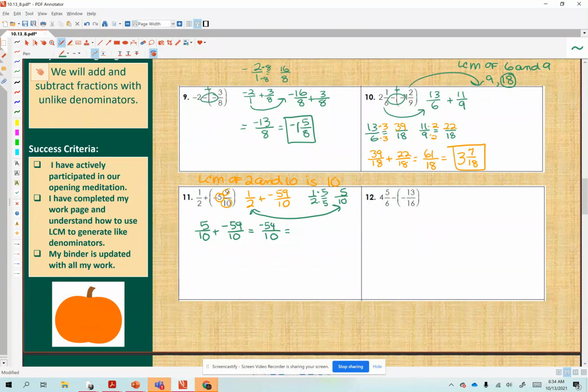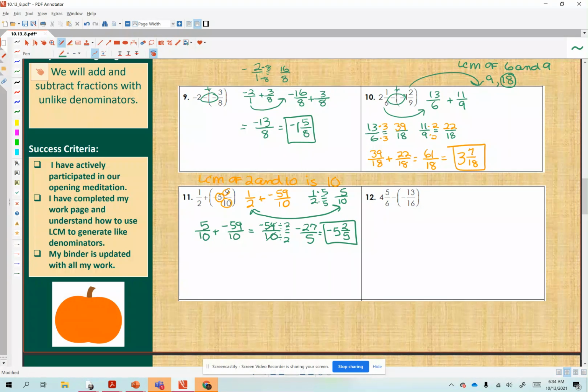First of all, we could also reduce it. 54 and 10 are both divisible by 2, which would give me negative 27 over 5. And that's easy to convert because 27 divided by 5 is 5. Remember, this is negative. Let me make sure I make that clear. So this would be negative 5 with 2/5 left over.